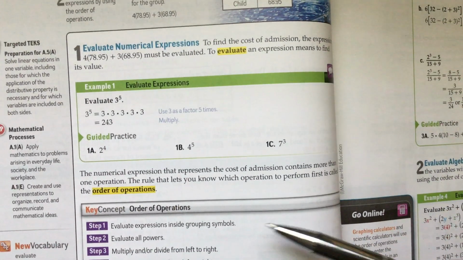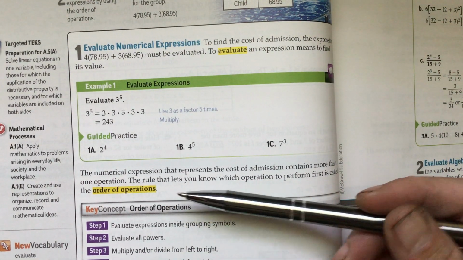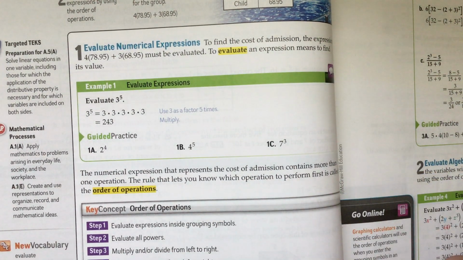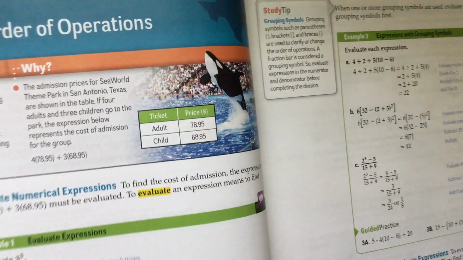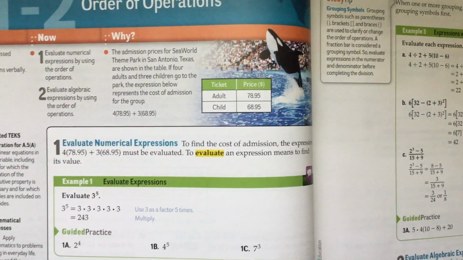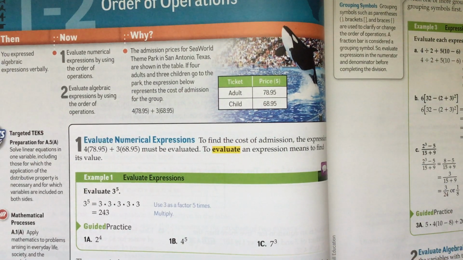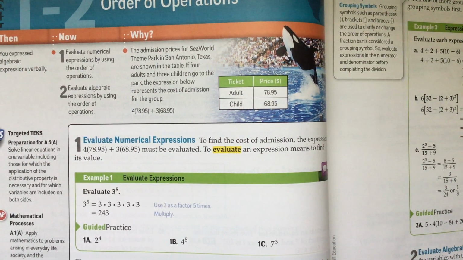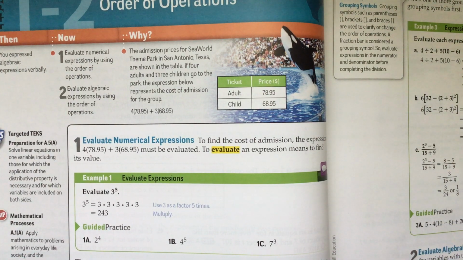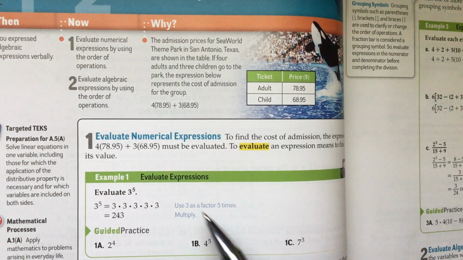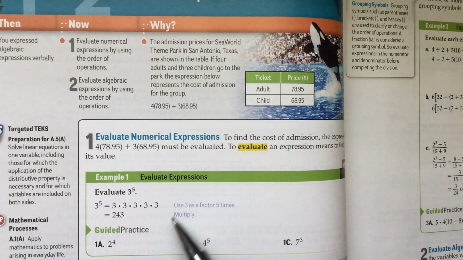The boxes that are called key concept, order of operations. Example 2, and so forth. You read through that. That's going to show you exactly what your work should look like, how to do your work.